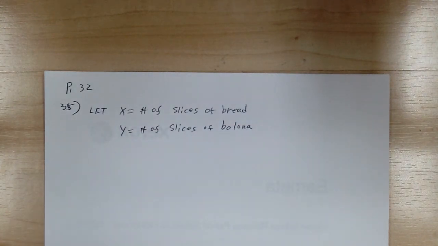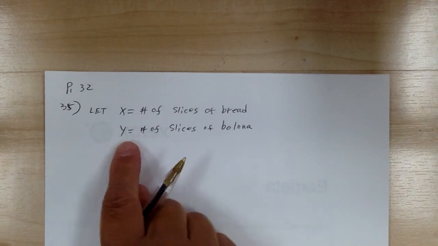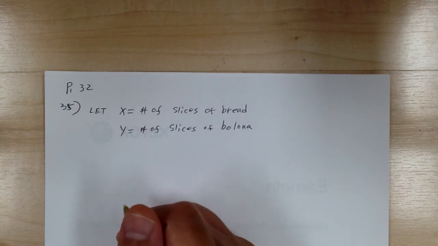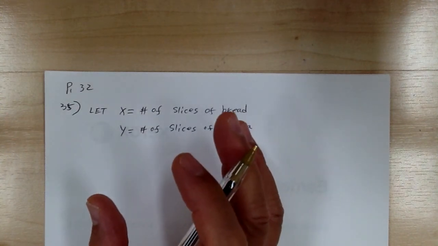Okay. So what you want to do is, again, set up your variables first. Now, first you have to figure out how many sandwiches were made.